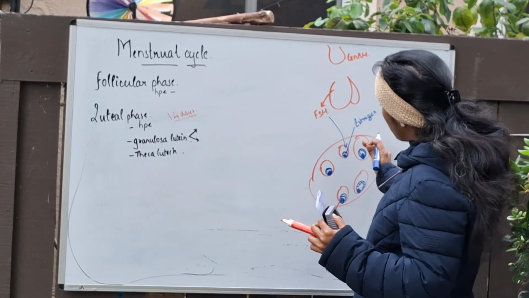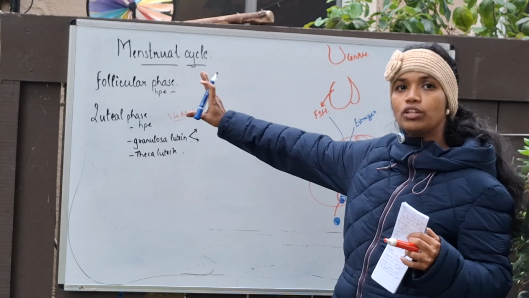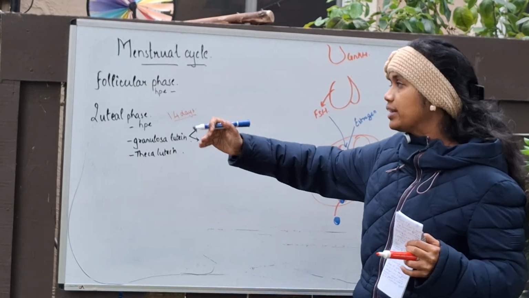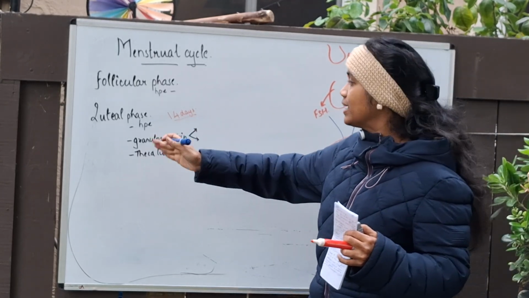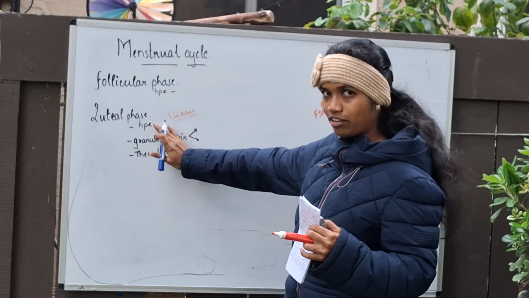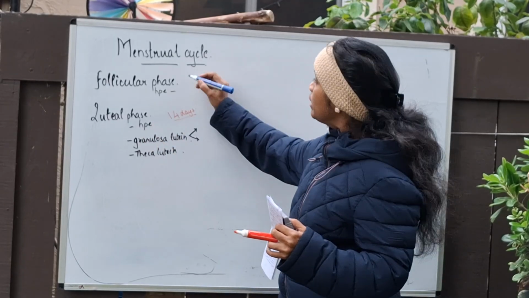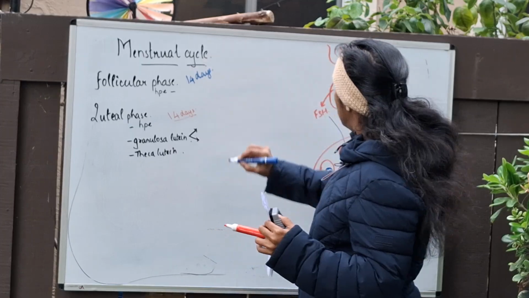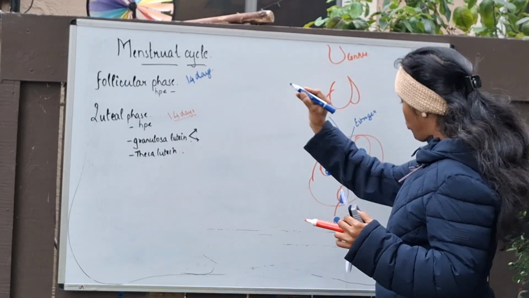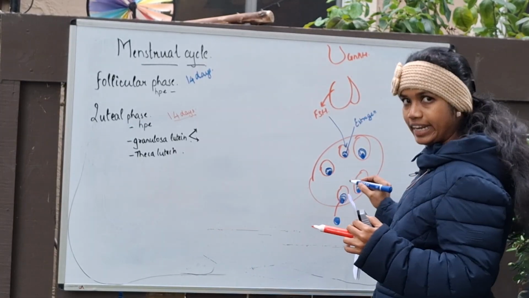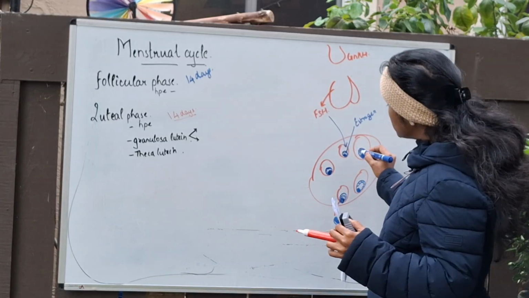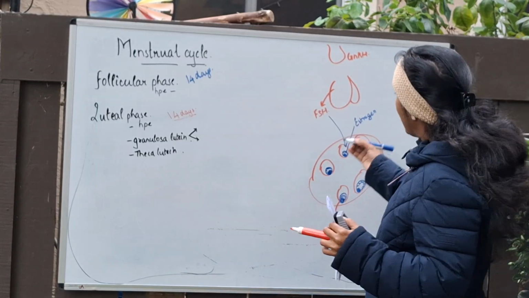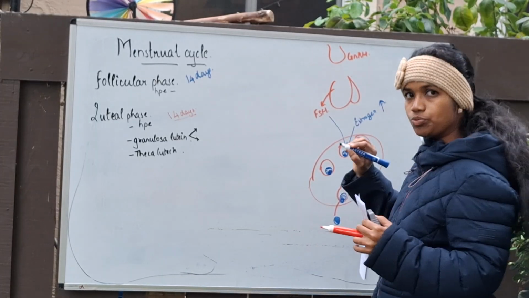So during this time of development, that is during the follicular phase, let's assume that the lady is having a 28-day cycle and the 14 days is the luteal phase, which is constant, and the remaining 14 days is the follicular phase. So during these 14 days, when the Graafian follicle is getting developed, the granulosa cells will also be developing and therefore producing the estrogen.